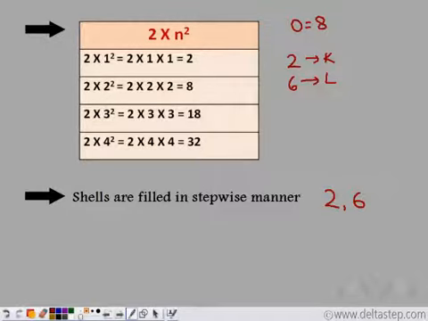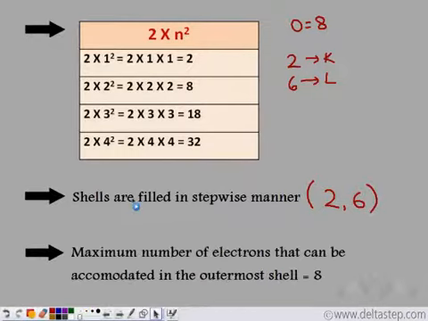Since it has only 2 shells, that is, the 8 electrons can be accommodated in the 2 shells itself, we enclose it within brackets. This is how we write the electronic configuration. And the third rule says that the maximum number of electrons in the outermost shell cannot be more than 8. Since we have only 6 electrons in the outermost shell, it also obeys the third rule. So this is the electronic configuration of the oxygen atom.